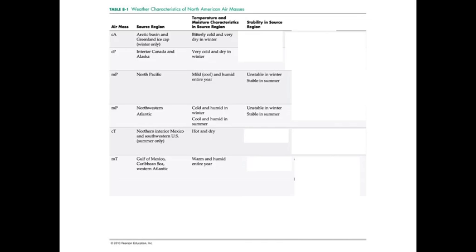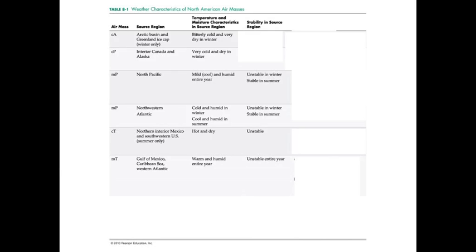So here, even though they're moist because it's maritime, the fact that they're cold could be a mixed bag. Maritime polar air masses could be stable or unstable. Here continental tropical, because it's warm, unstable.